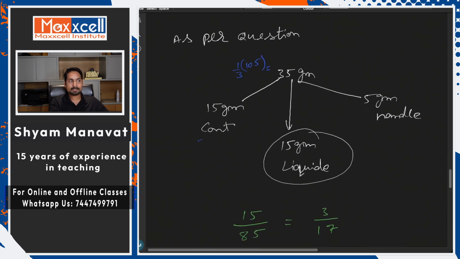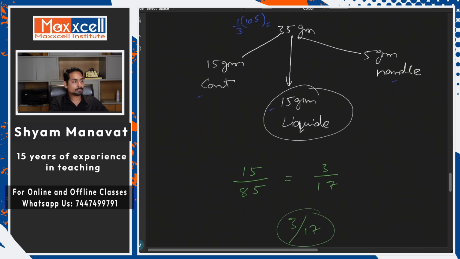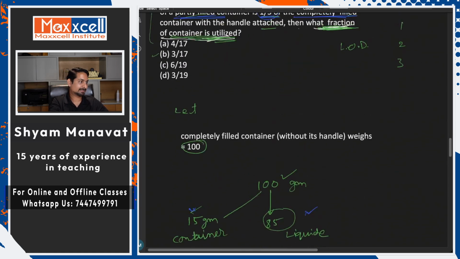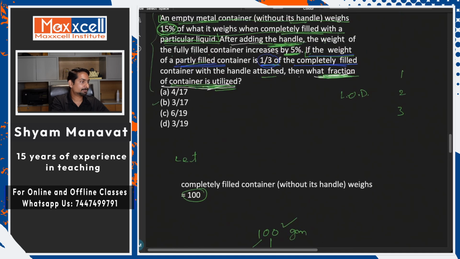Again, the weight of the container is the same, the handle is the same, only the liquid changes because it is partly filled. The liquid is now 15 grams, compared with the total liquid capacity of the container, 85. If you take the fraction, that's 3/17. That's the answer.